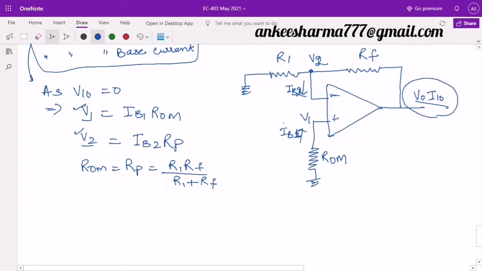So how do we find the output voltage when we have more than one input? Definitely we will make use of the superposition theorem. First we will apply the input at the inverting terminal, then we will apply the input at the non-inverting terminal.